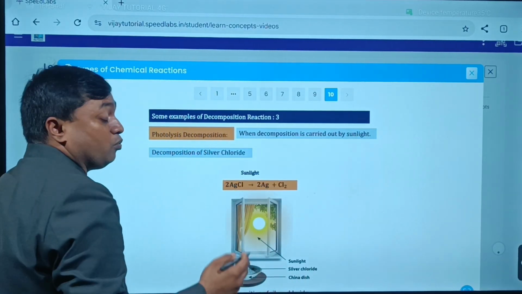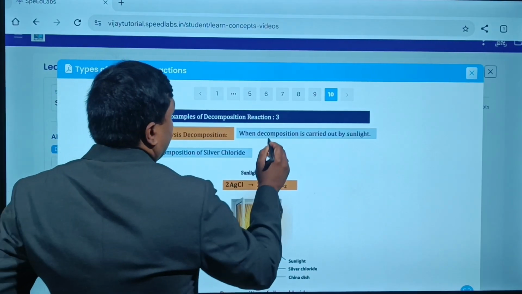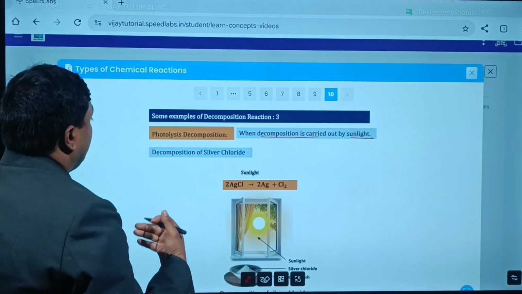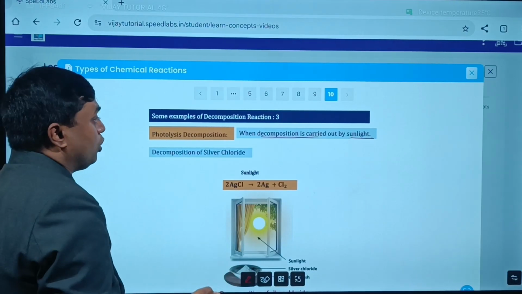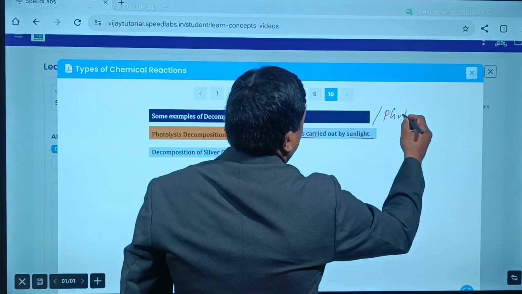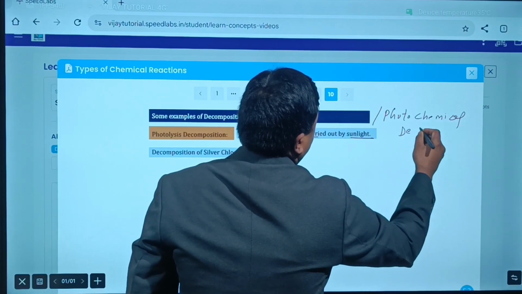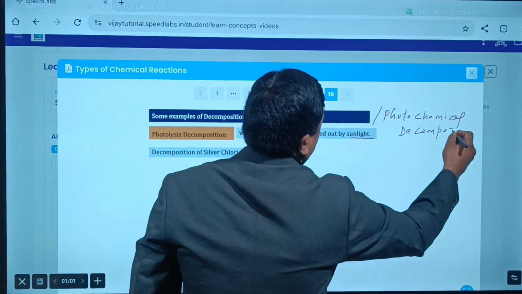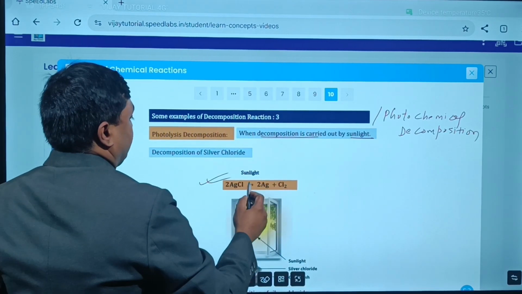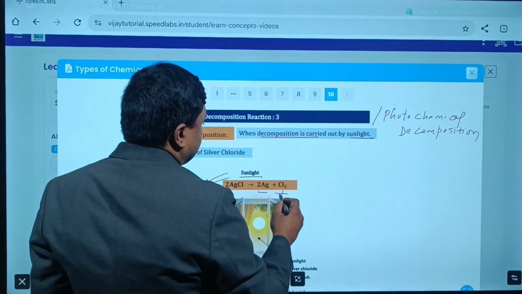Similarly, we have another type, that is photolysis decomposition or photochemical decomposition. When a decomposition is carried out by sunlight, it is called photolysis decomposition or photochemical decomposition. Here, for example, 2AgCl, whenever it is exposed to sunlight, gives you 2Ag plus Cl2.